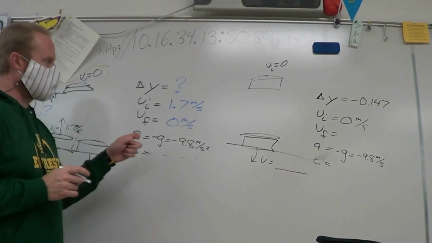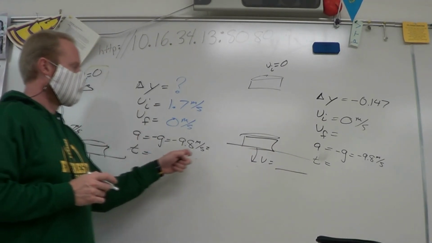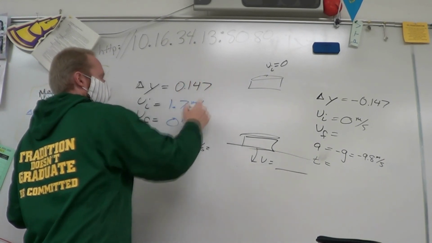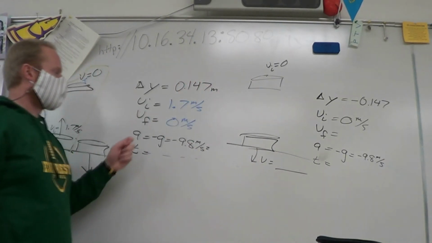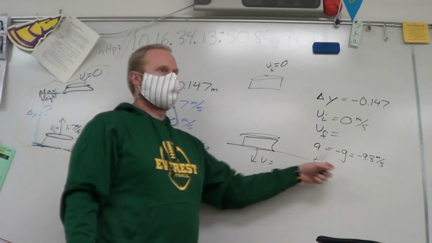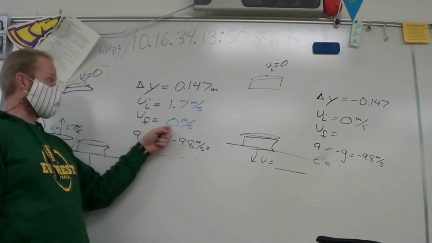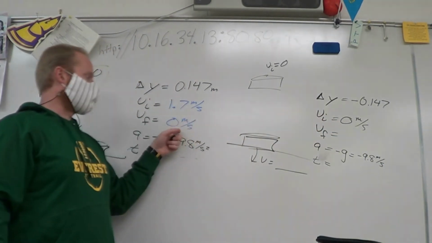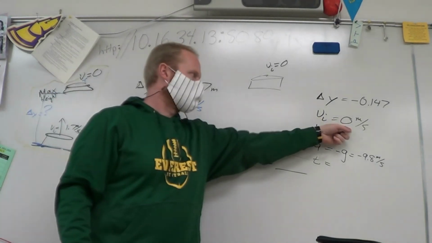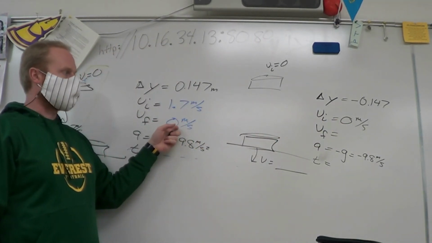What's the difference between this list of variables and this list of variables right now? The initial velocity is different, right? My final velocity is different, and my max height point is at a different location.